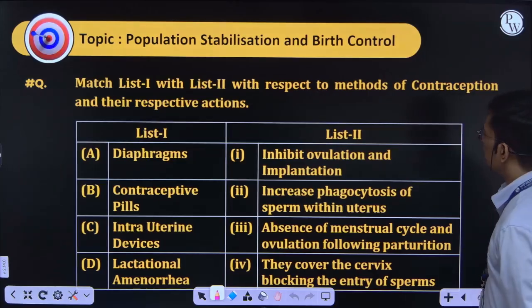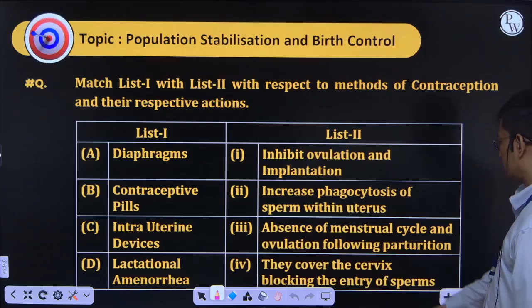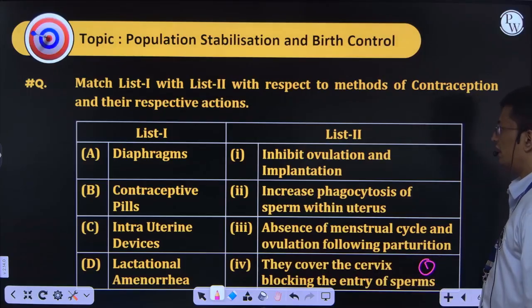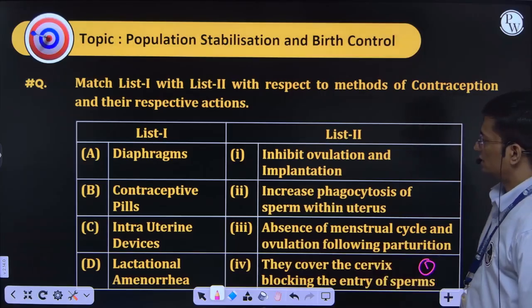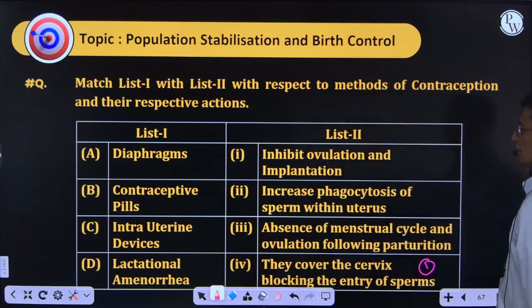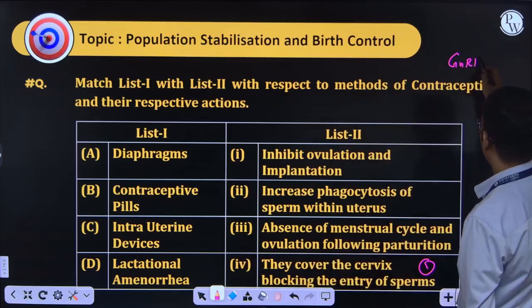List 1, list 2 with respect to the method of contraception. Diaphragm is a barrier method that covers the cervix, blocking the entry, but it cannot prevent STDs. Contraceptive pills act on the release of GnRH, gonadotropin releasing hormone.